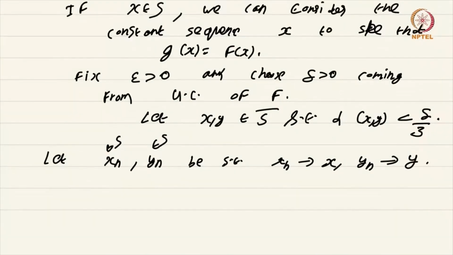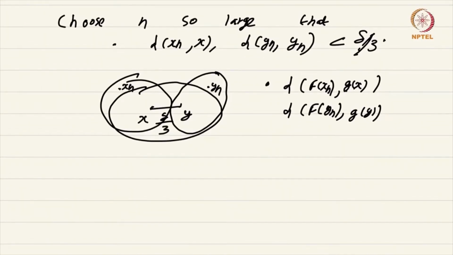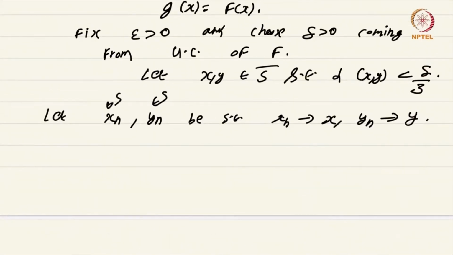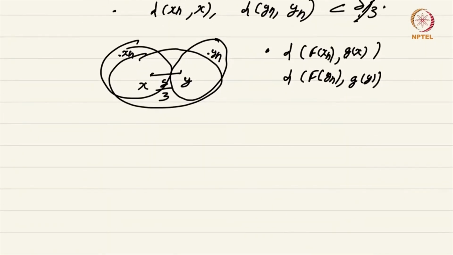Yes, x and y are coming from S closure, so you cannot really say f of x and f of y. That doesn't make sense, and anyway, that is irrelevant to our purpose. Our interest is solely in showing that the distance between g of x and g of y is less than epsilon. So you choose n so large that first of all d(xn, x) and d(yn, y) are both less than delta by 3, and d(f(xn), g(x)) and d(f(yn), g(y)) are both less than epsilon.